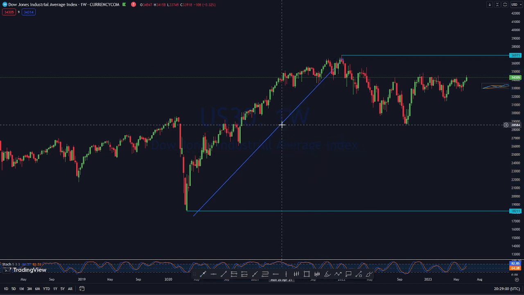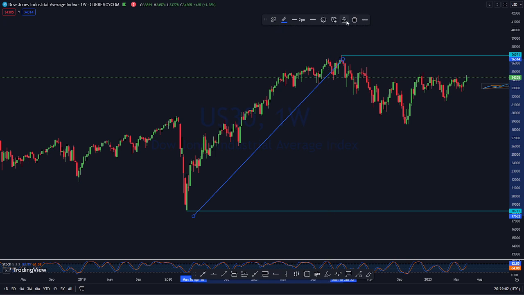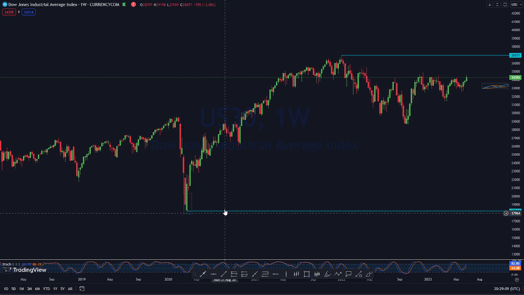Because it is like this, you can see that this was a low, this was a high. We had a higher high here at this point, and we had a higher low here, another higher low here, and another high here at the top.